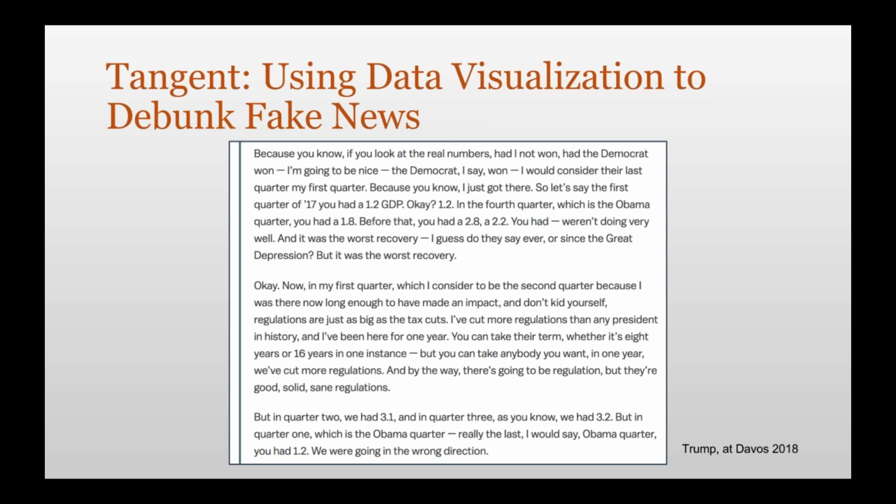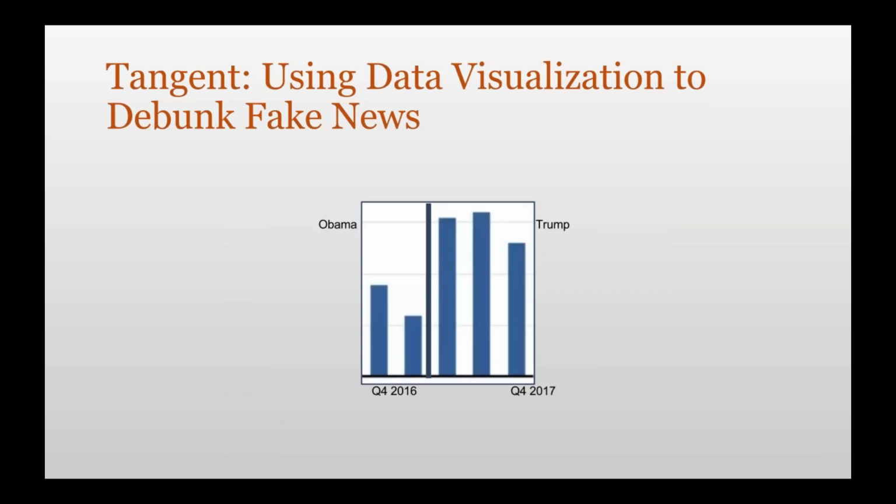So what I did was take each of the data points that he mentioned. He mentioned 5 data points here, and I simplified that into a visualization. Here we're comparing Obama and Trump.